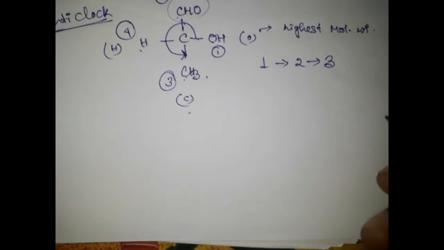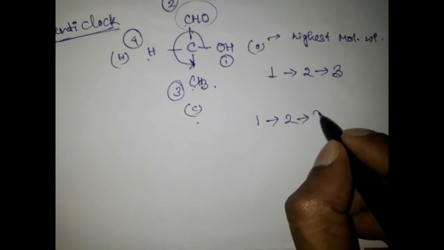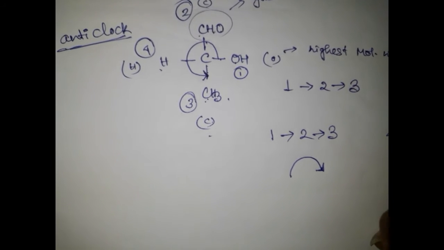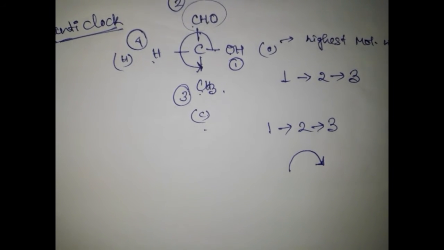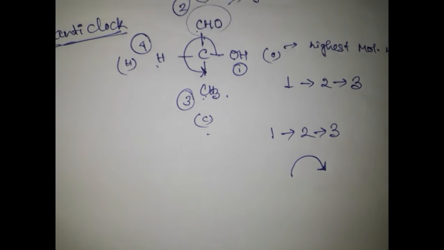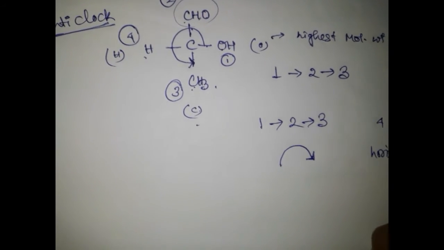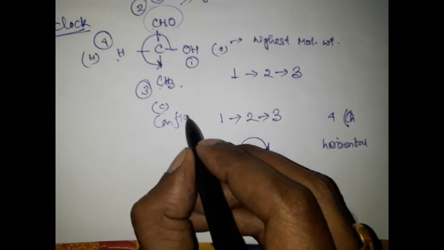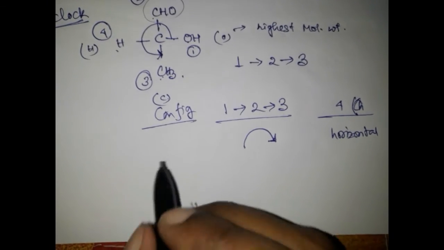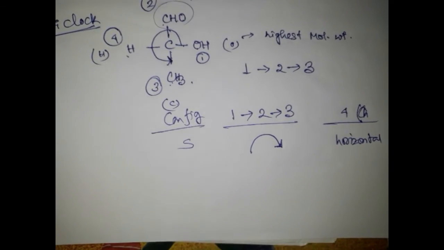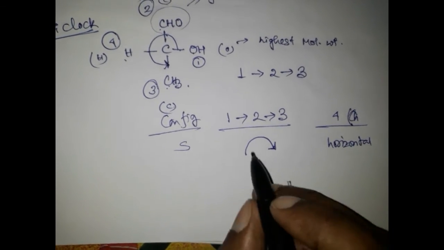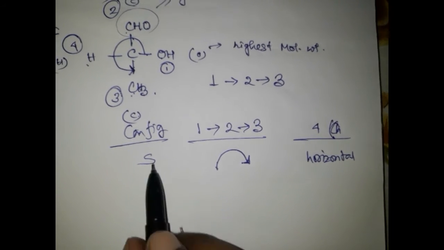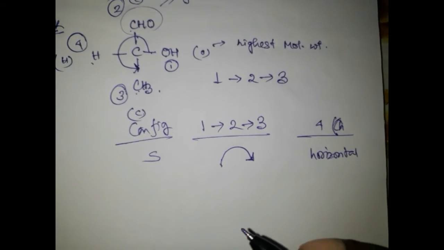So here is the formula: 1 to 2 to 3. If it is anti-clockwise, and the lowest priority group is in horizontal, then the configuration will be S. Now this is a simple trick: change any one of these 2 and the configuration will change.